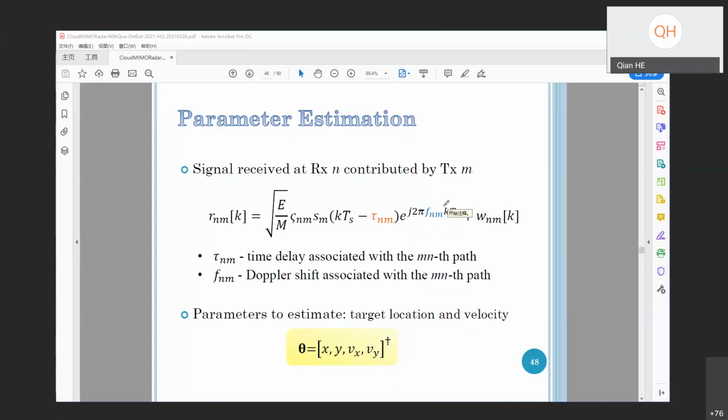Also, the velocity of the target is a parameter of interest to us, and it has to do with Doppler shift. So in other words, the parameters we're interested in are the target location and the target velocity. You have the same signal model and you want to solve another problem: what is the location of the target, and what is the velocity of the target. And we're going to do the quantization and the fusion in order to figure out the values of the location and velocity. This is what we're going to do later.